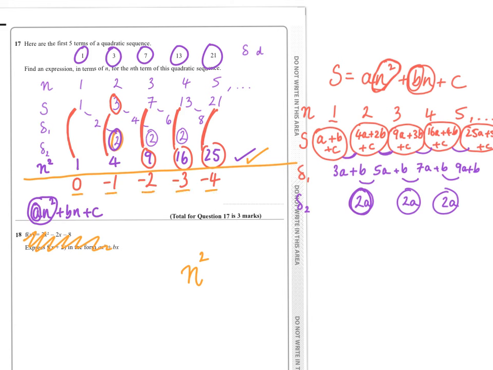Now, what do they go up or down in? Do they go up or down by the same number? Well, luckily for us, they do. They go down by 1 each time. And hopefully you know from when you've been taught that if a sequence goes up or down straight away by the same number, that means it's in a certain times table and it's linear.